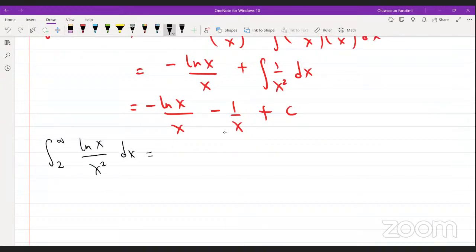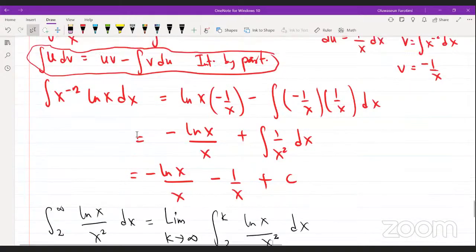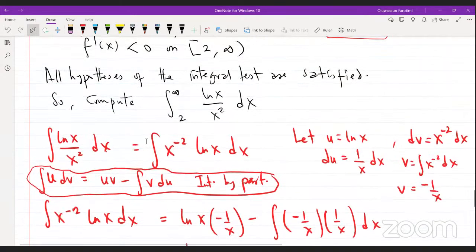Remember that at this level, I will now write in terms of the limit definition. Pretty much I could have also done that from the beginning here: the integral of ln of x over x squared dx.